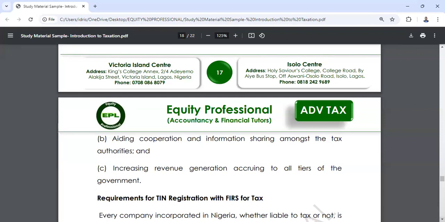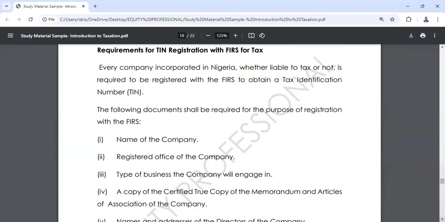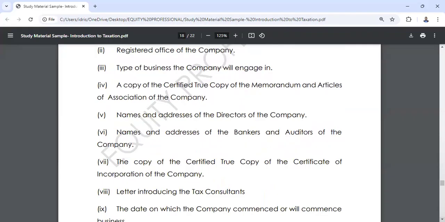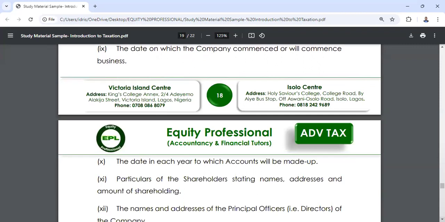If your company wants to register for TIN with FRS, the requirements include the name of the company, the registered address of the company, the type of business the company is engaged in, the copy of certificate of incorporation, certified copy of memorandum and articles of association, the name and address of the director, the name and address of the company's external auditor and tax representative, the name and address of the company secretary, and the proposed accounting year end of the company.